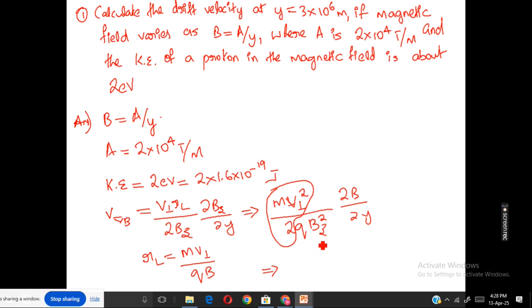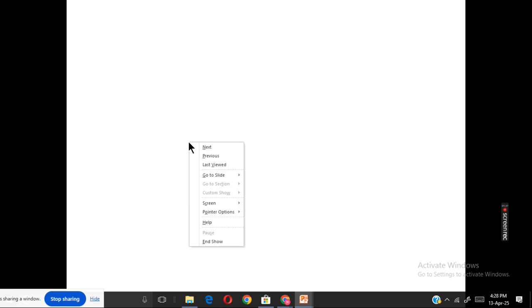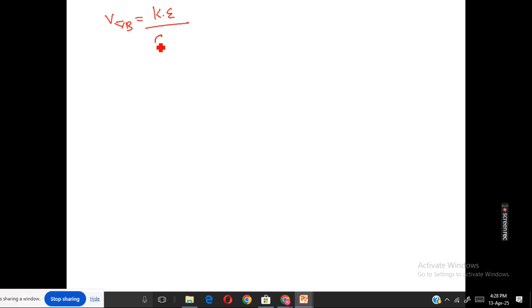Since it is a proton, we know q. The value of B is given as A by Y, so dou B by dou Y we can calculate. If we substitute, it will become V del B is equal to kinetic energy by q B square into dou B by dou Y. Kinetic energy we know.